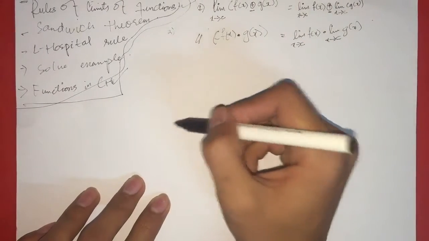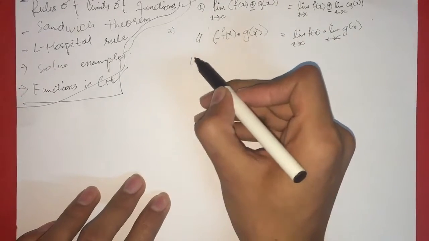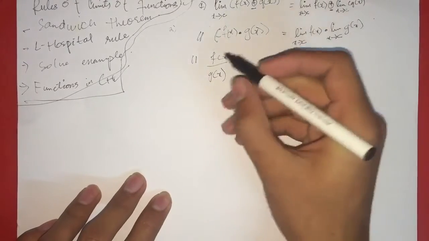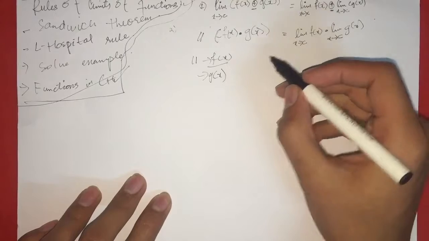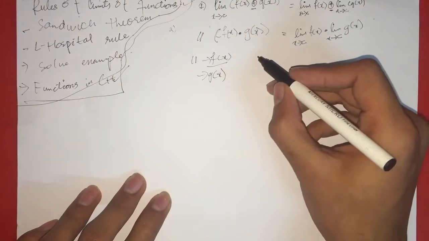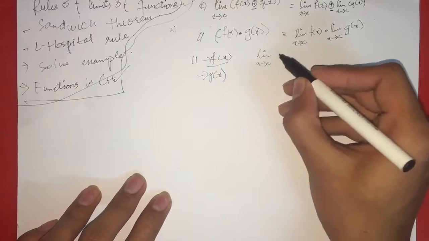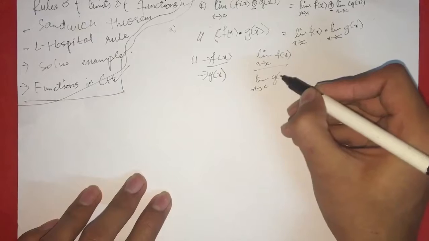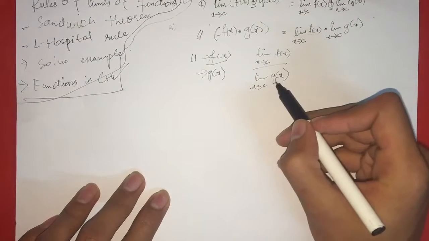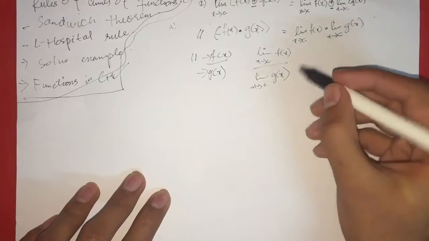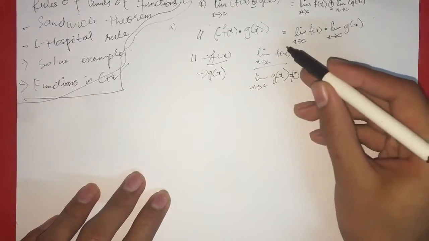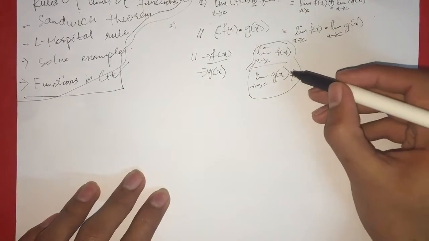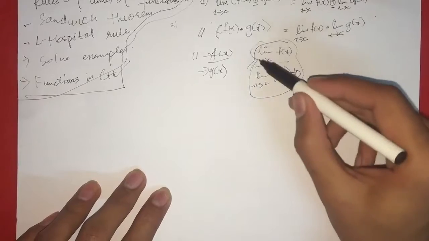In the same way, we have the division rule: f of x divided by g of x. We apply the limit to both separately, given that the limit as x approaches c of g of x is not equal to 0, because if it's 0, the output will be undefined.